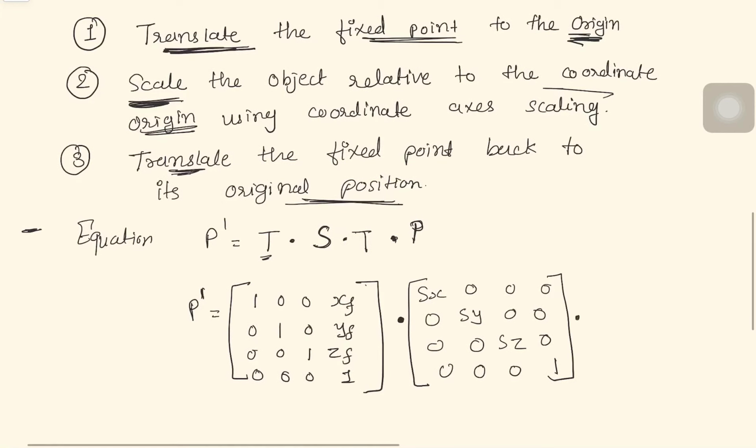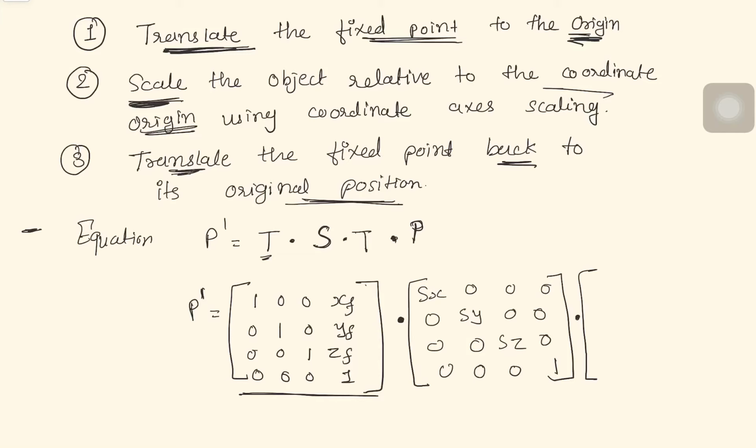Now T into T means which T? Translate the fixed point back to its original position. So we already have the translation equation, and suppose it is scaled and we have to bring it back to that position.